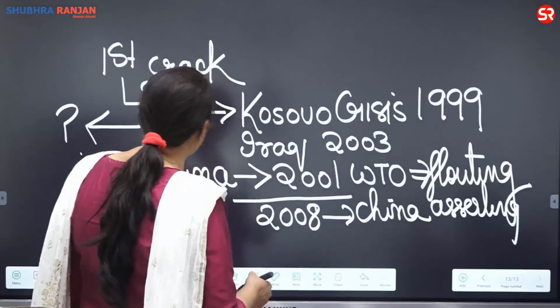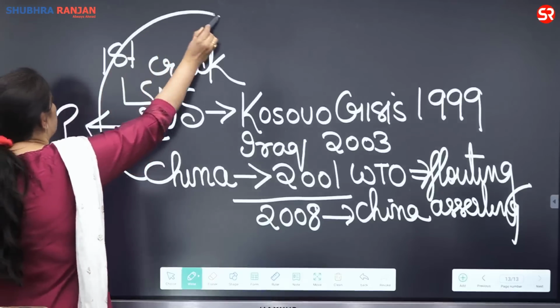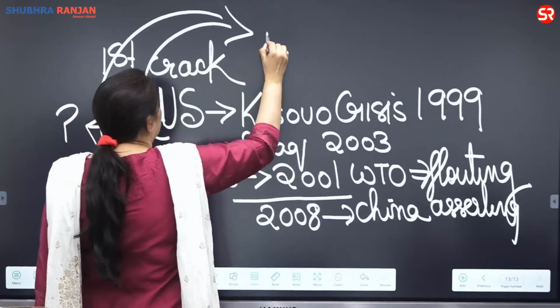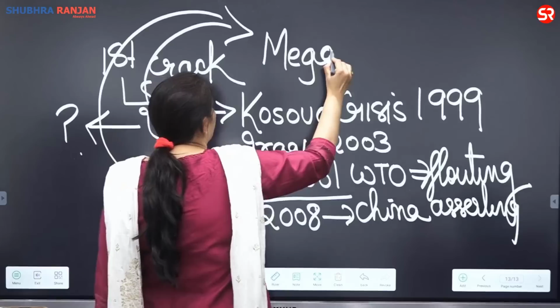Now the basic problem of these two countries is that they are suffering from a disease called megalomania.